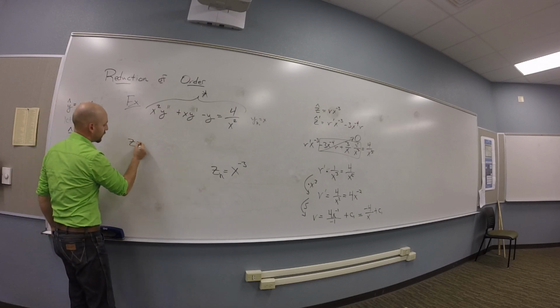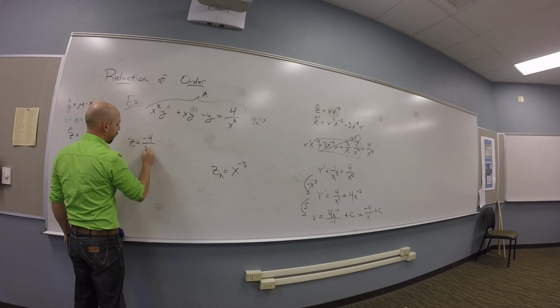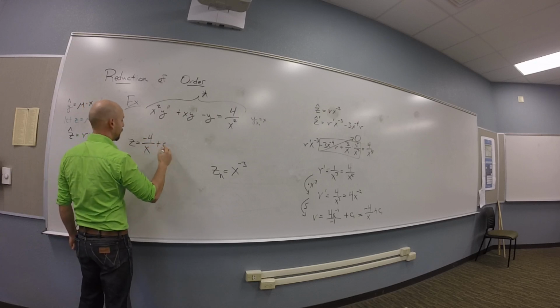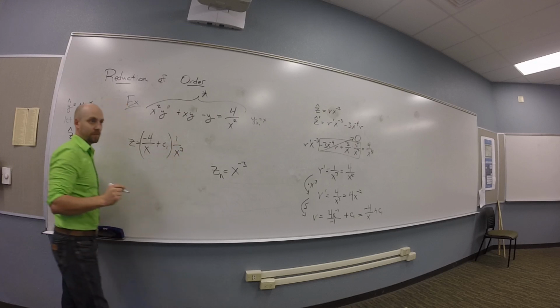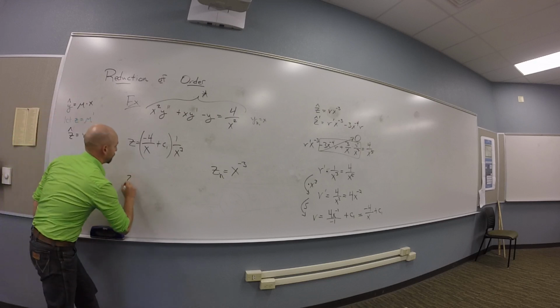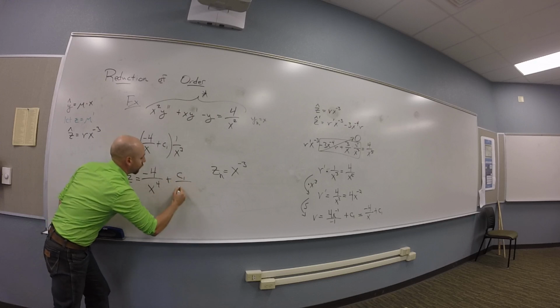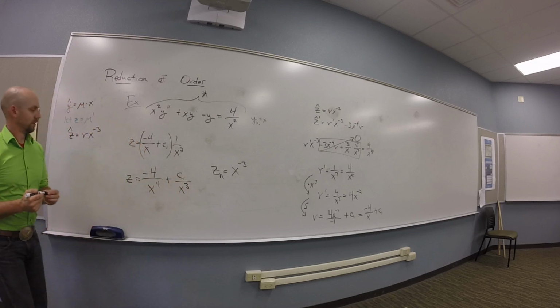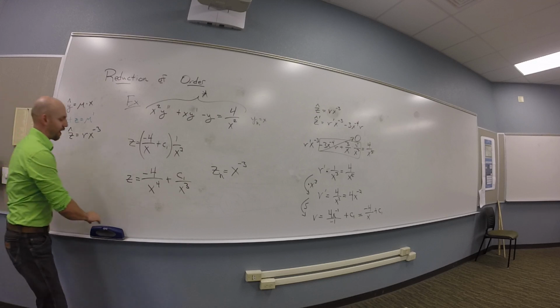So I think I figured out that z has to be negative 4 over x plus c1 times 1 over x cubed. Okay, so z is negative 4 over x to the fourth plus c1 over x cubed, and then all of that is mu prime.